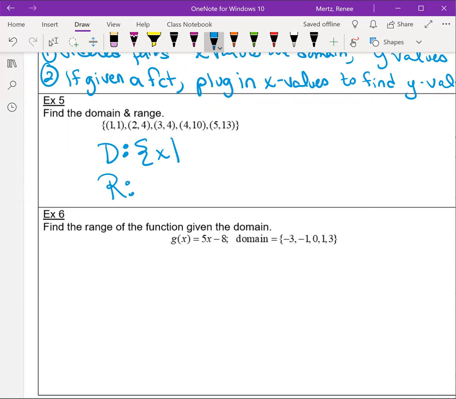The range is just the y values. Go ahead and list those. So domain is x values, range are y values. So we have 1, 2, 3, 4, 5 for our x values. Good. How about your range? I see 1, 4, 10, and 13. Nice.